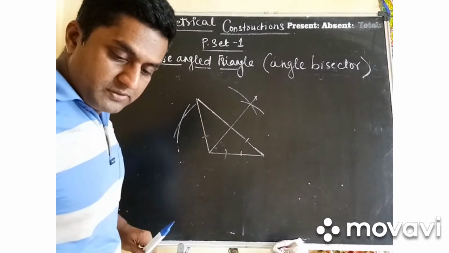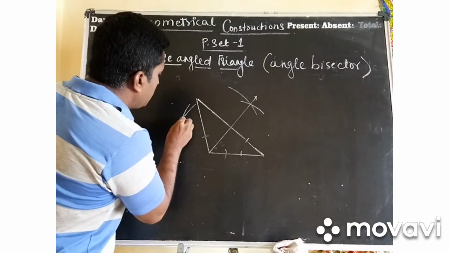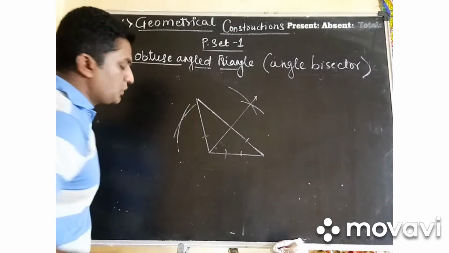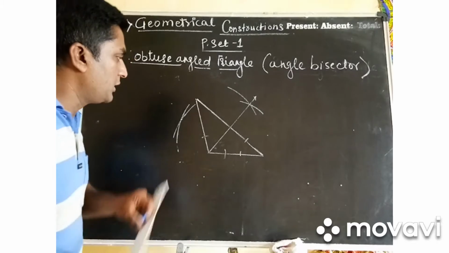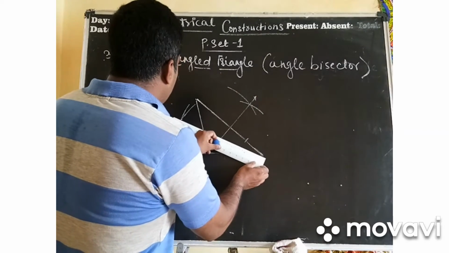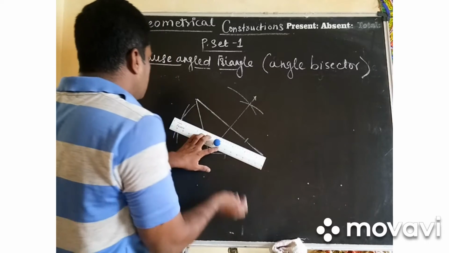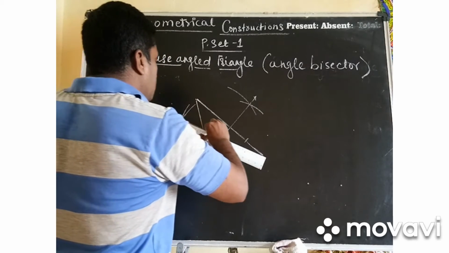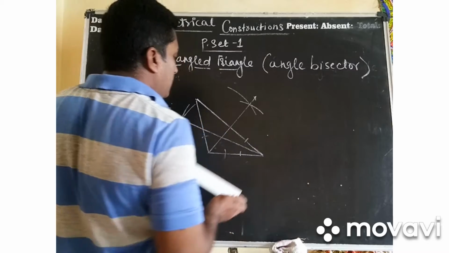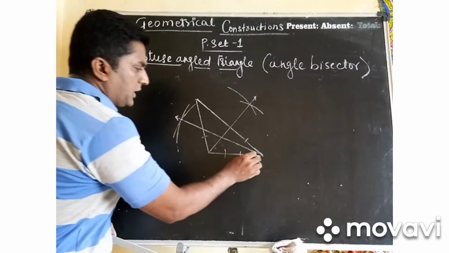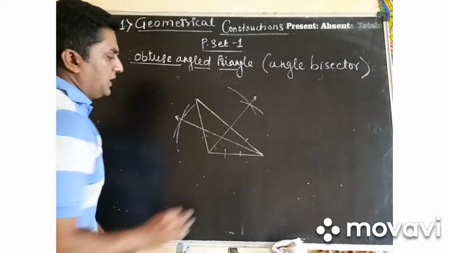So where is that connectivity? Maybe somewhere here. On the blackboard it is not clear. When you do it in a notebook, you will get it more clearly. So I am trying to join these 2 points. Okay, so here somewhere my 2 points are joined. I am going to join them here. And now this is my other angle bisector. It is not exact here, but just try to understand that it is there.